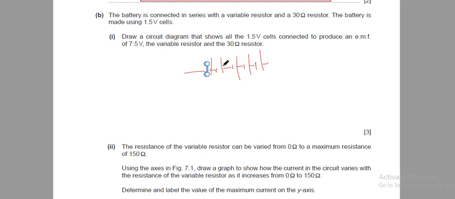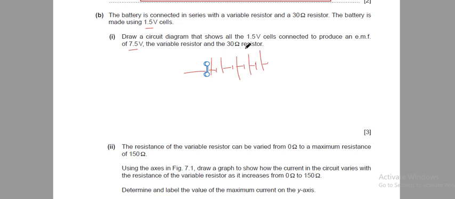And as we want 7.5 from 1.5 cells, if we divide it by the calculator, we'll find that it is 5 cells. So 1, 2, 3, 4, 5.